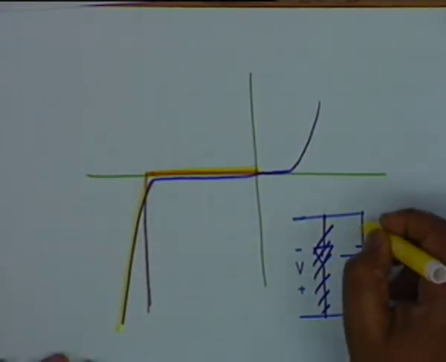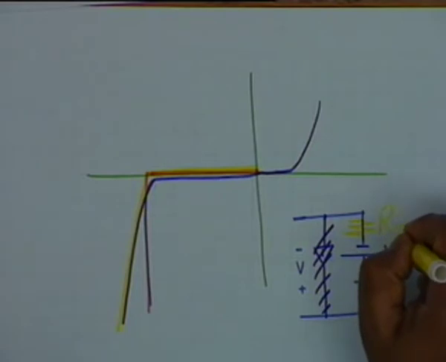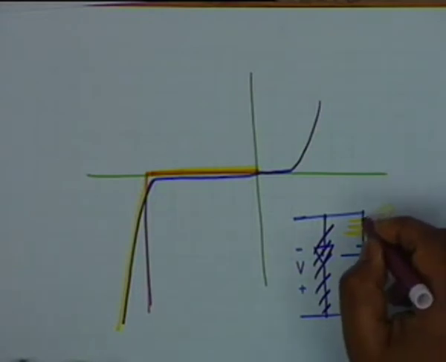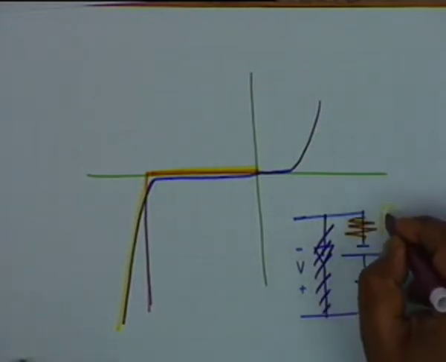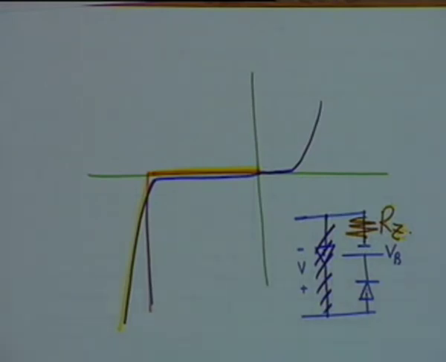All that you have to do is include a resistance here. You call this RZ, the dynamic resistance of the Zener diode. Can you see the yellow color? No. All right. This is RZ, and this is a fairly good representation of a Zener diode.